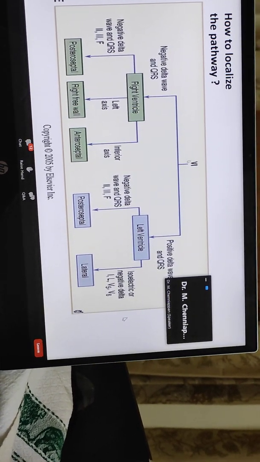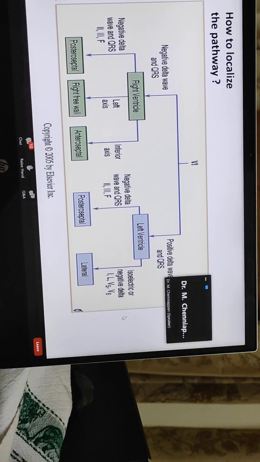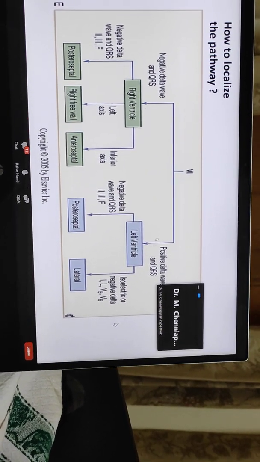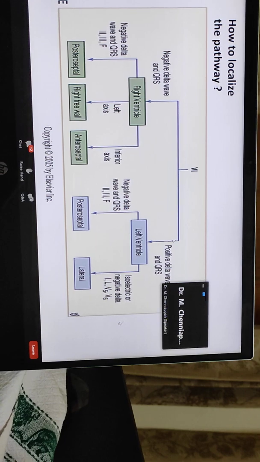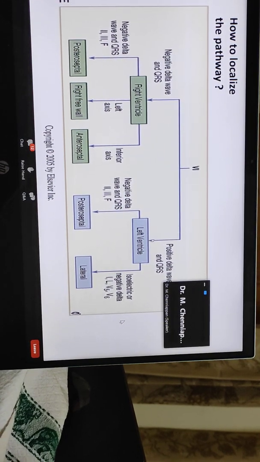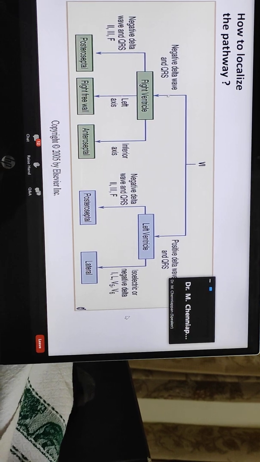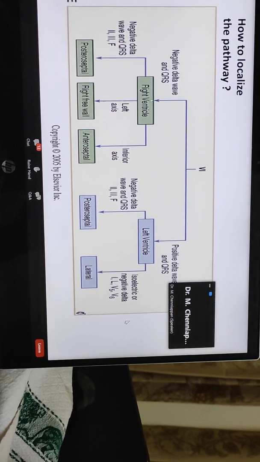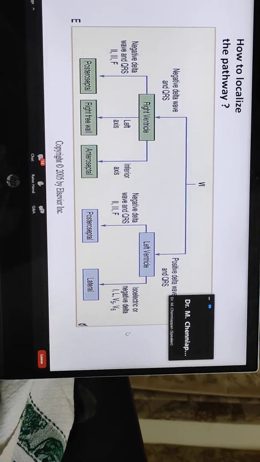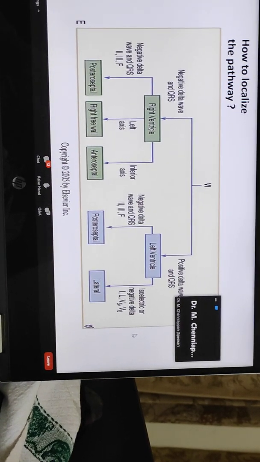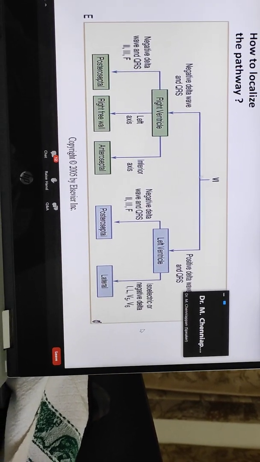For that, you have to look at V1. In V1, see whether your delta wave is positive or negative. Whenever your delta wave is positive in V1, the accessory pathway is on the left side. Whenever it is negative in V1, your accessory pathway is on the right side. So first, is the delta wave positive or negative in V1.